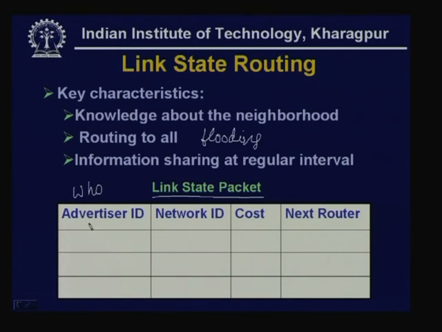So, this advertiser ID tells each node from where the information is coming, and the network ID is essentially the destination node's address, and the cost for transmission is given here for that destination, and the next hop node ID is given here.